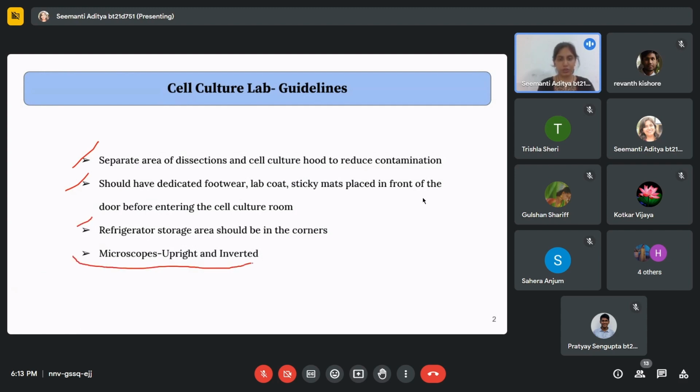So as I was saying, we need microscopes for studying proper cell morphology, or whether the cells are healthy, or whether the cells are contaminated or not. When we see microscopic images, depending upon what cell type you are working on, the cell morphology will be different.